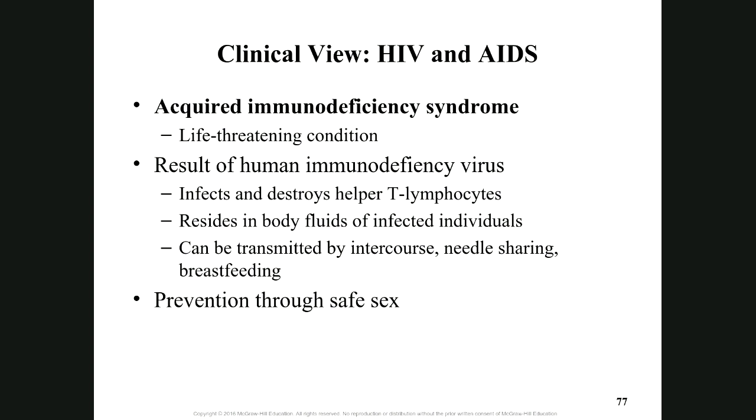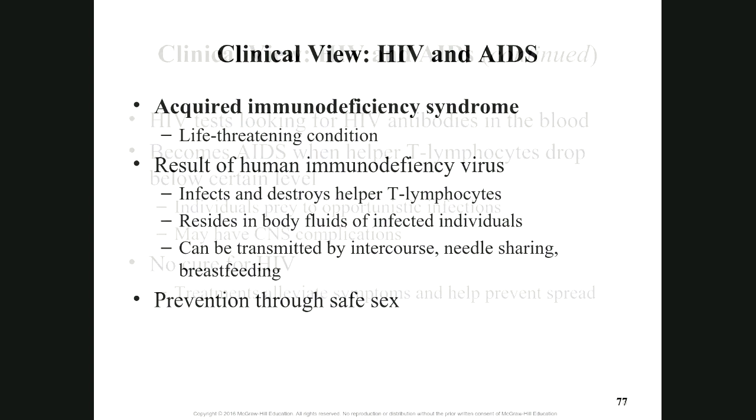HIV infects and destroys these T helper cells over a period of time, and prolonged HIV infection leads to the devastating effect of AIDS. And we have different means of transmission, like intercourse, needle sharing, and breastfeeding, and prevention happens by safe sex.